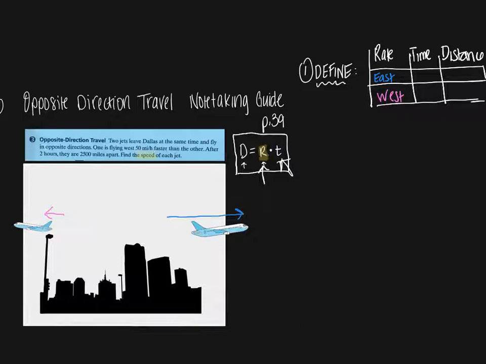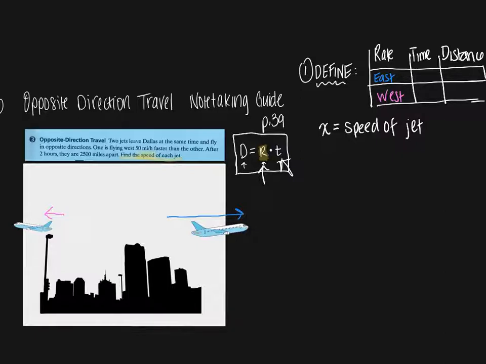Let's come back up here and see what we have. I want to find speed. So if I want to find speed, I can either use R as my variable, or as your book likes to do, I can just simply say x equals the speed of a jet. Now, which one am I going to be talking about? They're leaving at the same time. One is flying west 50 miles an hour faster than the other.